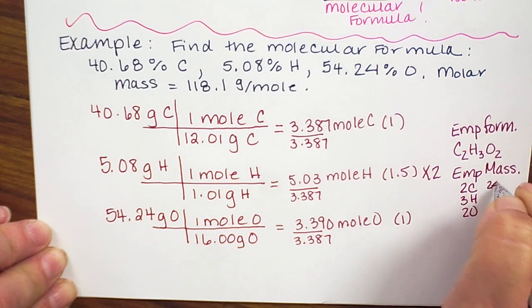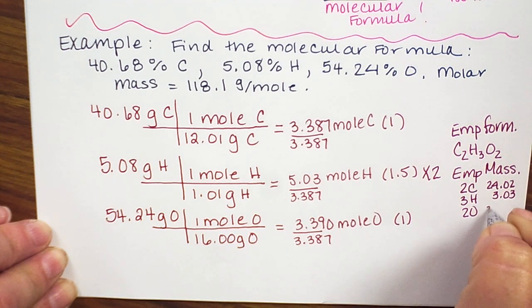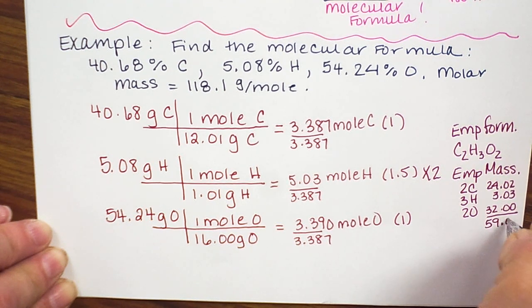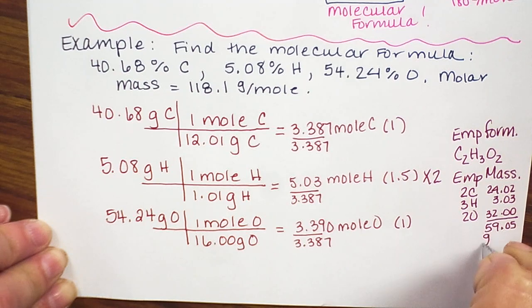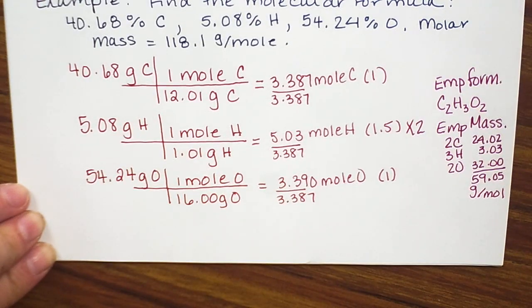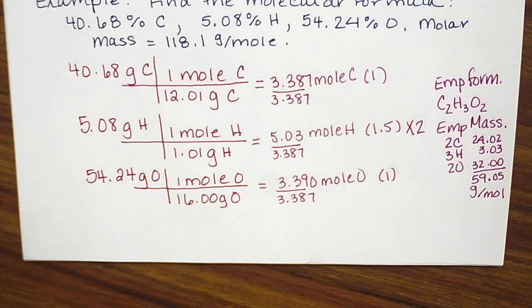So 24.02, 3.03, and then 32. So that gives me 59.05 for my empirical mass.